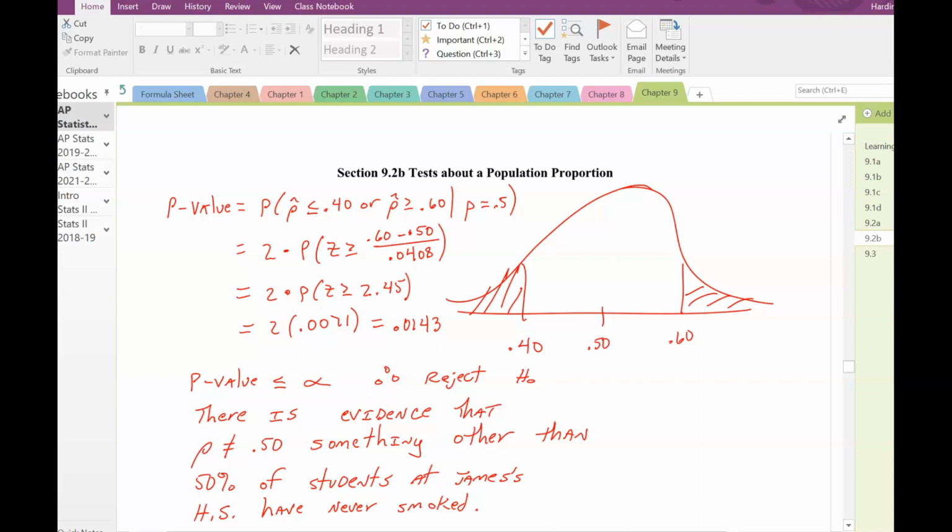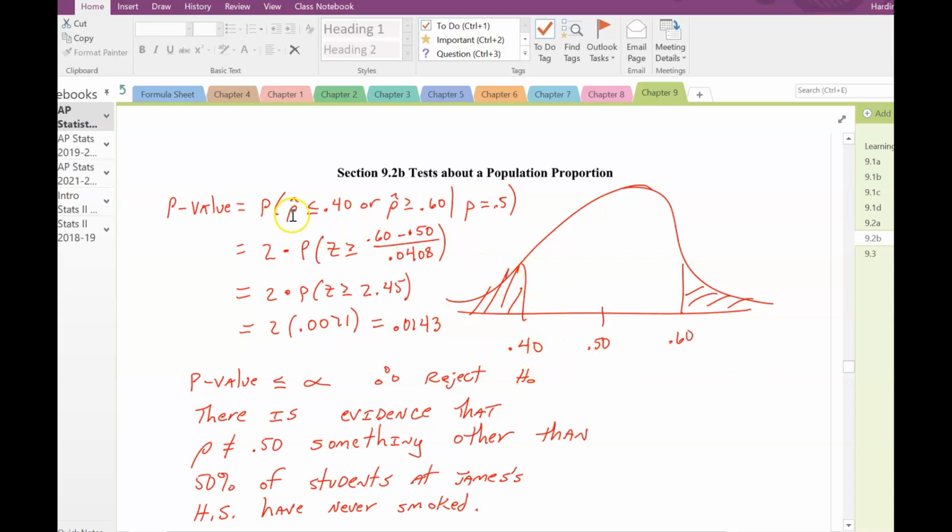So 0.6, his sample, is here. So we're looking at the area to the right of 0.6, but we're also concerned with whether it is that same distance in the other direction. So we're also considering 0.4 and below.